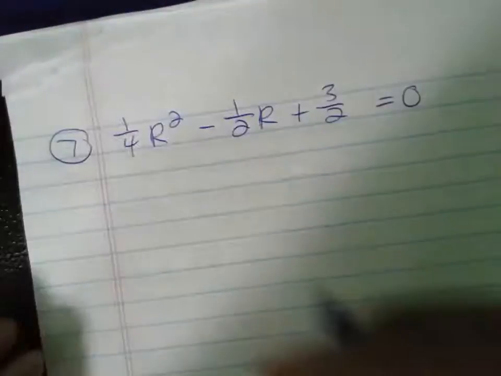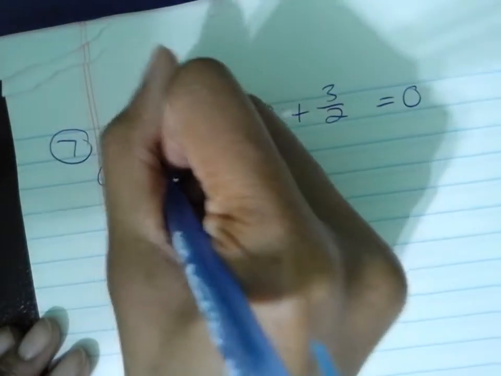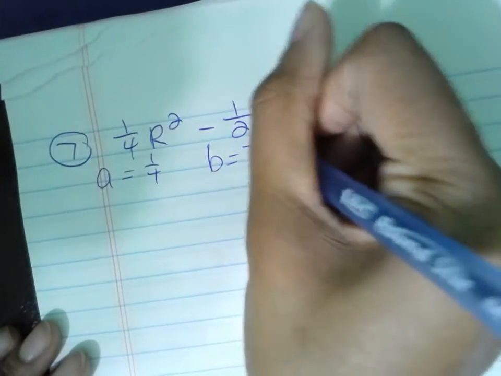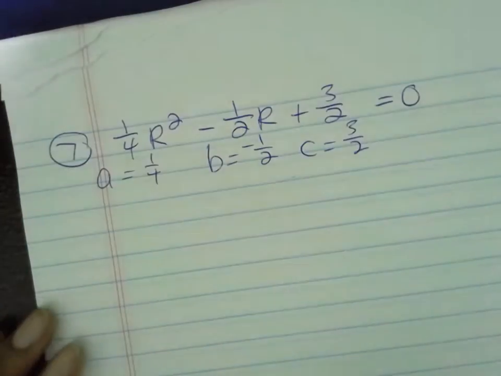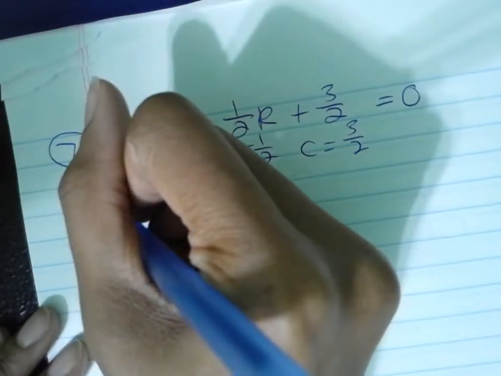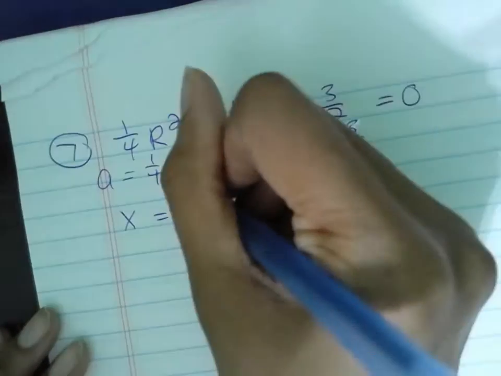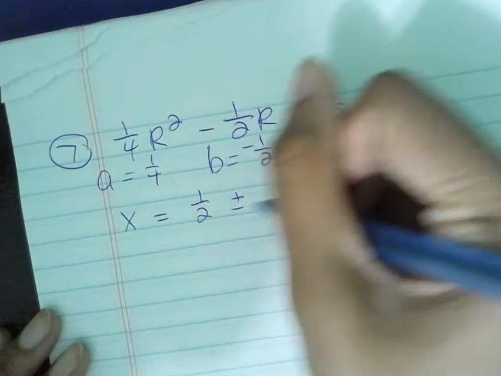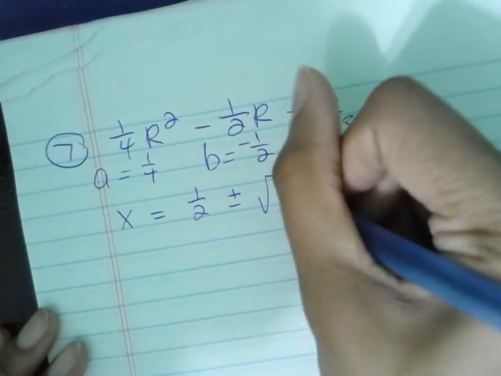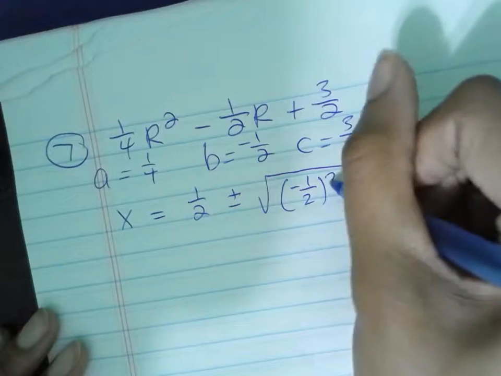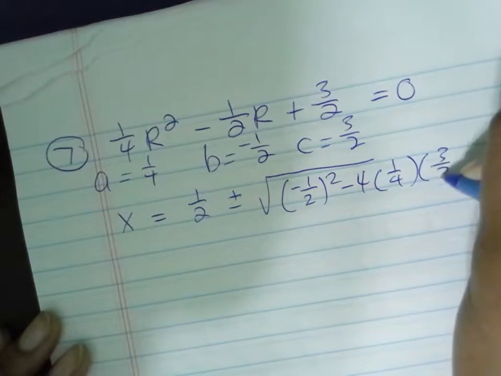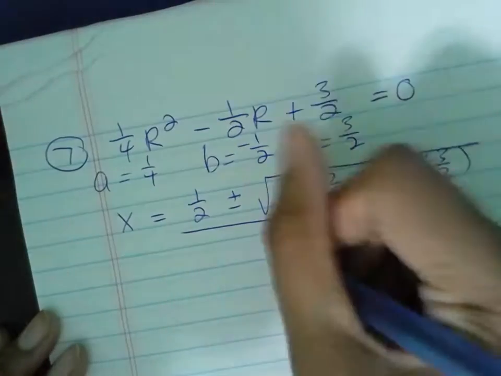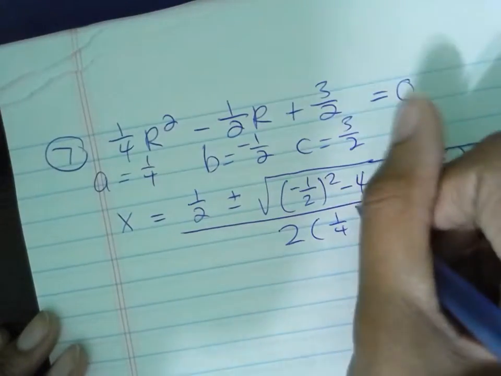All right, so you can see A is 1/4, B is negative 1/2, and then C is 3/2. Here we go. X equals opposite B, so 1/2 plus and minus radical B squared, negative 1/2 squared minus 4AC, all over 2 times 1/4.